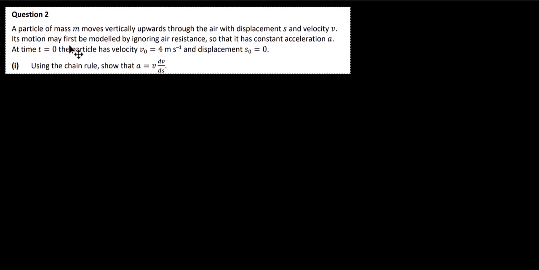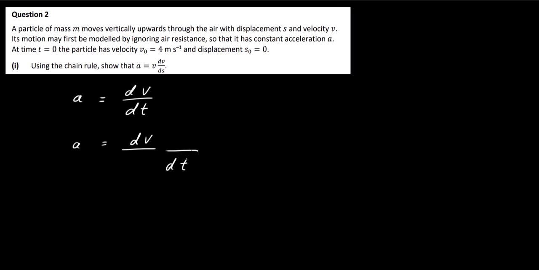Okay, so we know that a, the acceleration, is the rate of change of velocity with respect to time, so it's dv/dt. All we've got to do here really is, as they say, use the chain rule. So we're going to split this dv/dt up like this, and then we've got to put something here that will cancel.